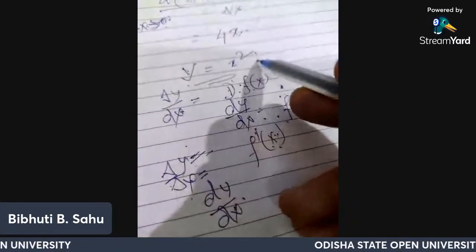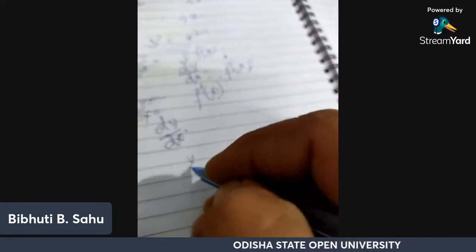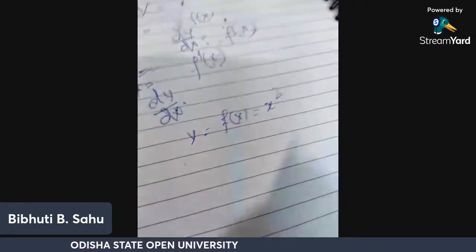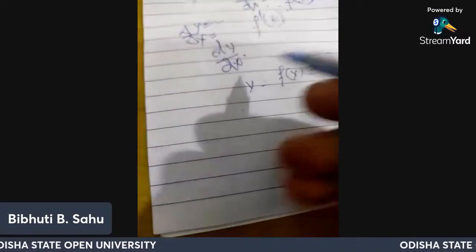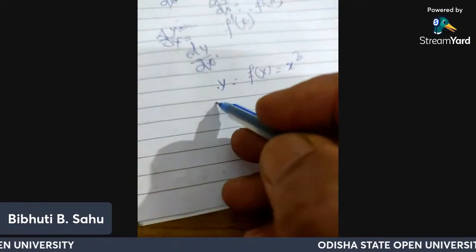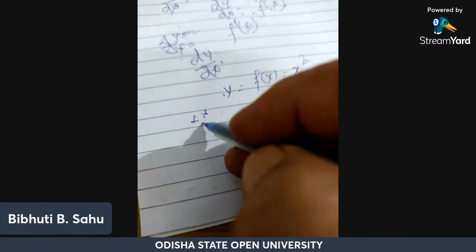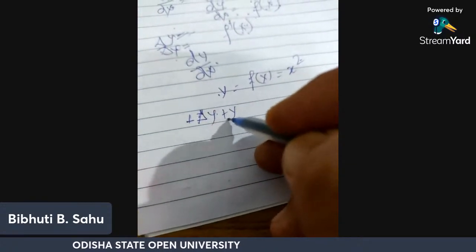So let us see how to find this. Let y be equal to a function of x, which is equal to x square. Then what will be the change in y?